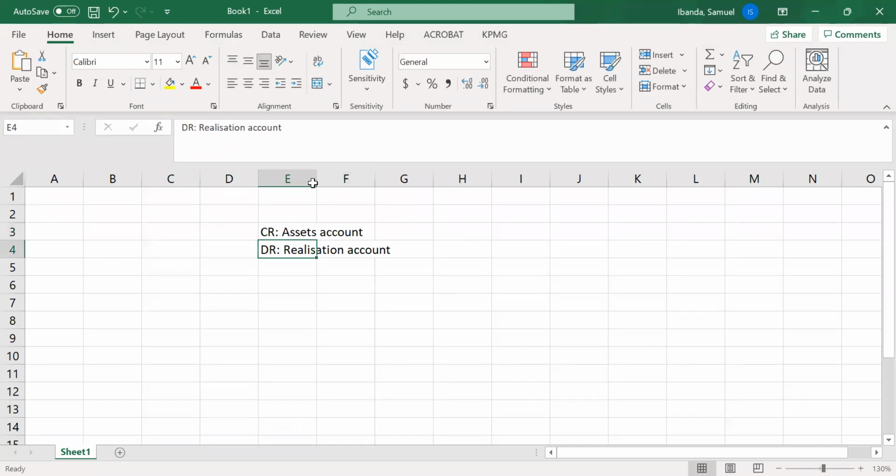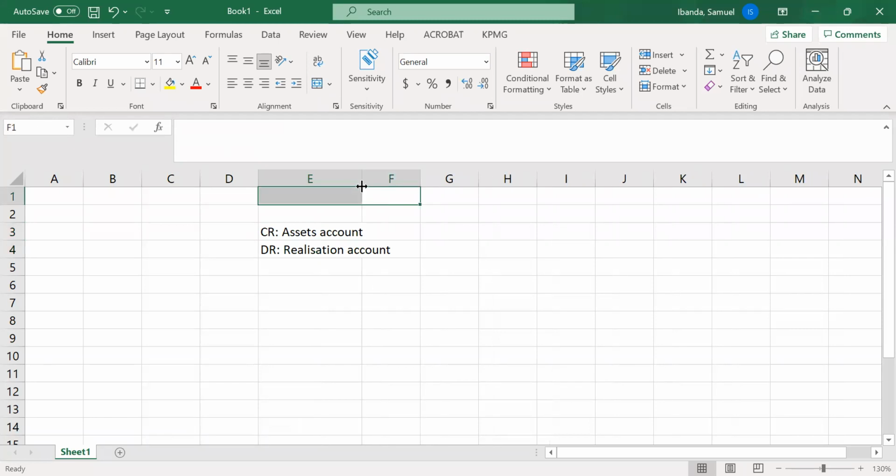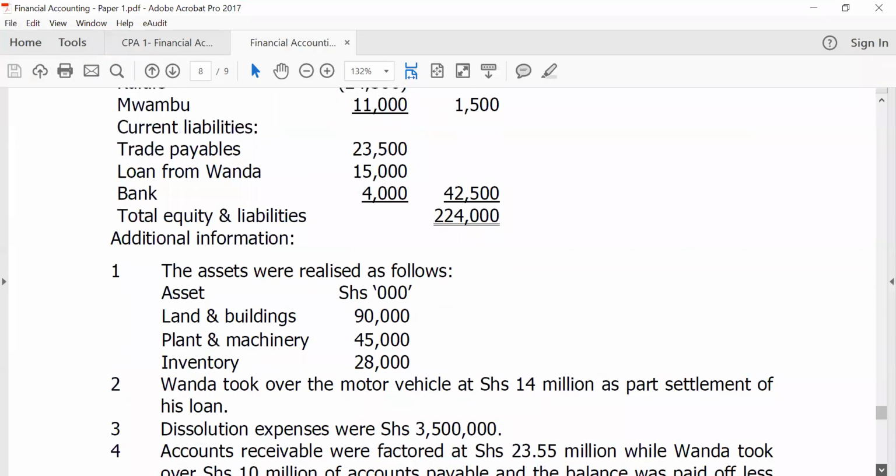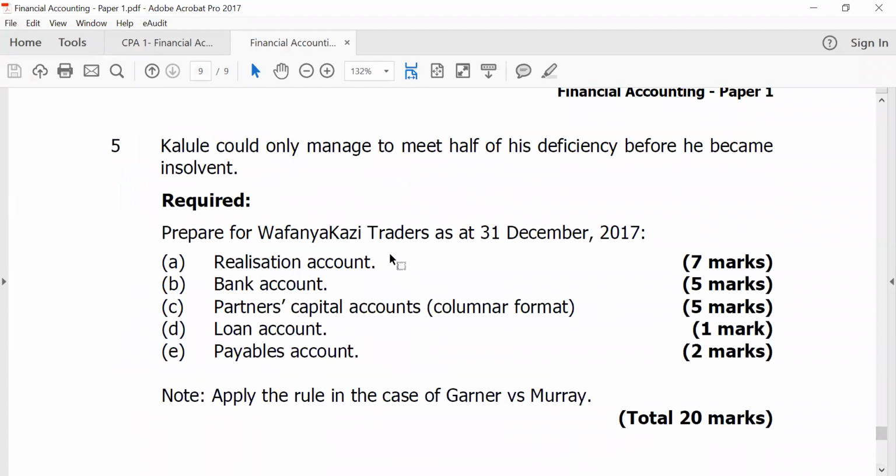So that is as simple as what we do there. Now, as we can see, this question is asking us to draw up the realization account. They're not asking us to draw the asset account, but they want us to draw the realization account.